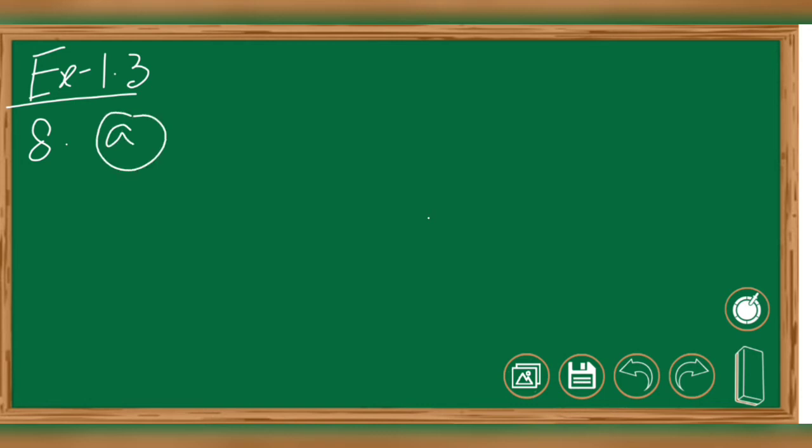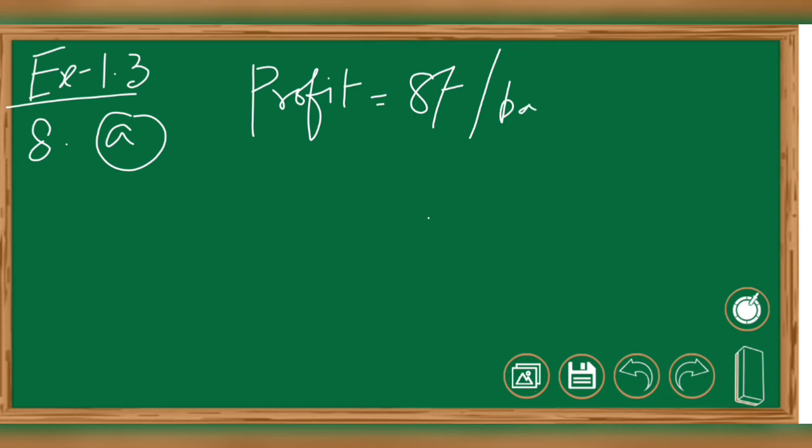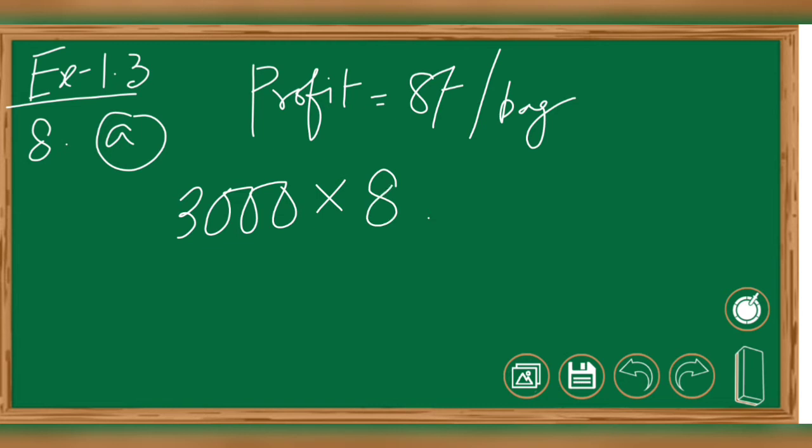Since he earns a profit of rupees 8 per bag, so by selling 3000 bags he will get 3000 into 8 rupees as profit, and he makes a loss of rupees 5 per bag.